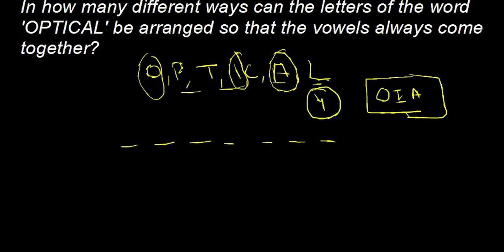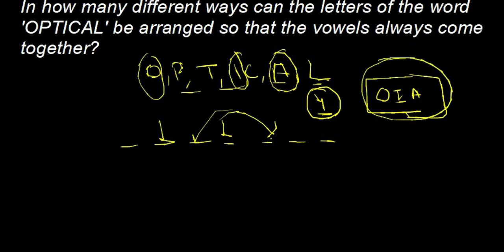So in how many ways can you rotate them? These 4 letters can be arranged or fixed at any place. But this bunch is always going to be fixed in a single place. So 4 and 1. So how many ways can you arrange them?